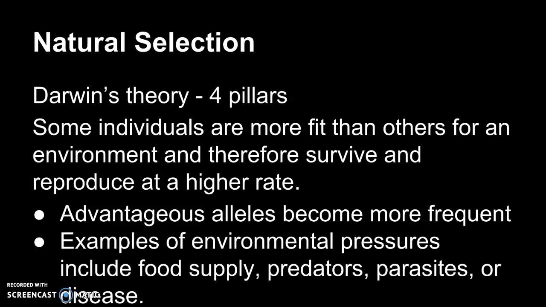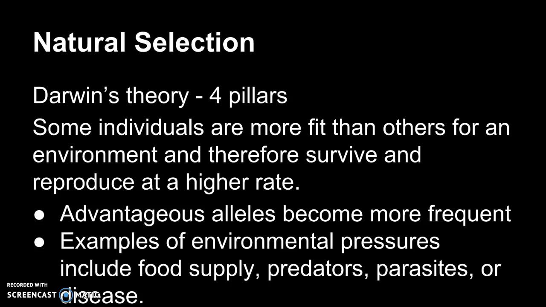So the first thing is natural selection. Darwin's theory, which has the 4 pillars: some individuals are more fit than others for an environment and therefore survive and reproduce at a higher rate. So remember we talked about the fittest survive. Well, in order to be fit in an environment, you have to have those advantageous traits.